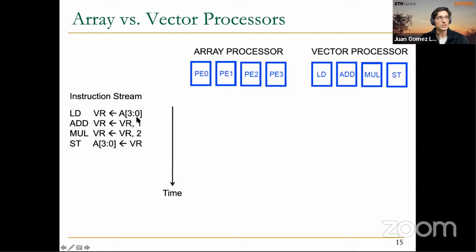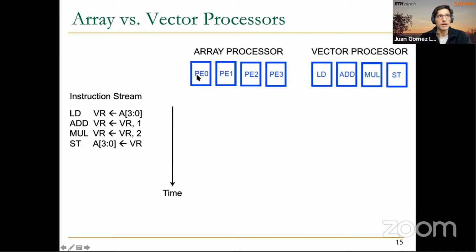With this addition, in the end, what we are doing is incrementing each of the registers in the vector register. Then we multiply each of these elements by 2, and finally we store in the same positions of the array A.